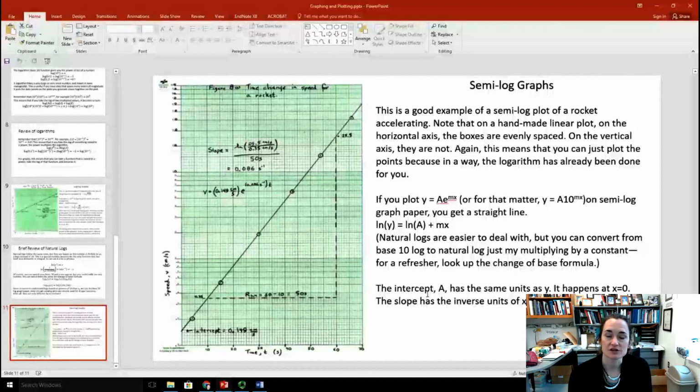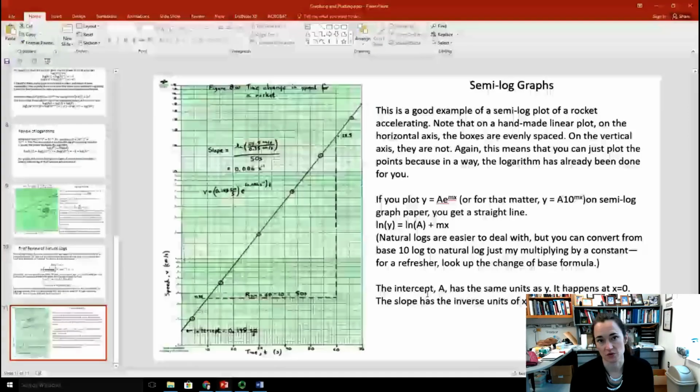Sometimes that's useful for people to understand what's going on conceptually. So if you have an exponential power, you take the logarithm of both sides, now you have a linear fit, and sometimes you need that slope from the linear fit for various things. Okay? So it helps you conceptualize and understand what's going on in these different types of plots.